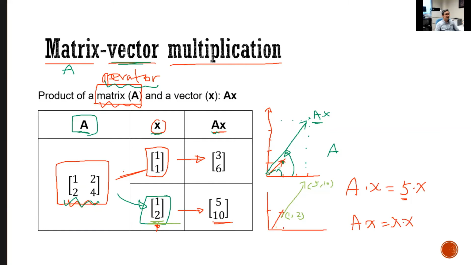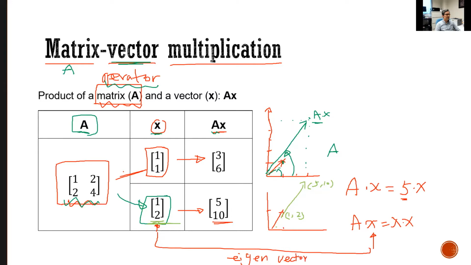Okay, so this is a very special vector, which in our case is 1, 2. This special vector is called an eigenvector. Eigen is a German word meaning characteristic, so eigenvector.